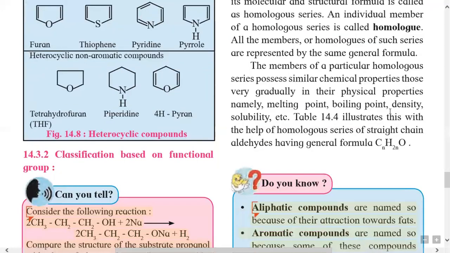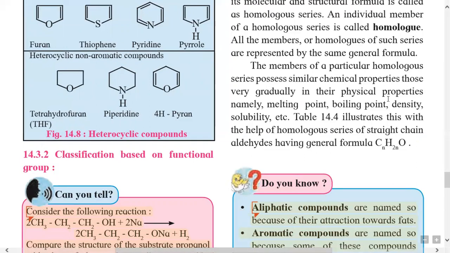Another characteristic is that they possess similar chemical properties and a gradual change in physical properties, meaning melting point, boiling point, density and solubility. They go on increasing with an increase in the number of carbon atoms and the number of hydrogen or other atoms in the series.